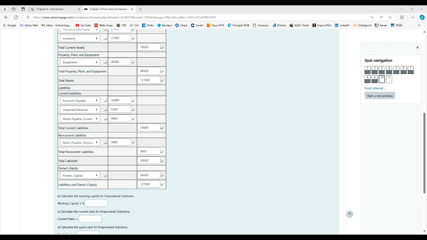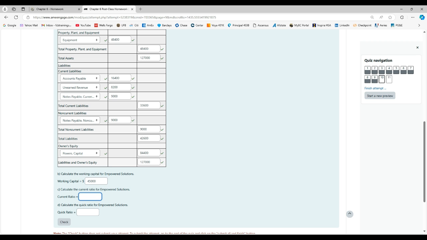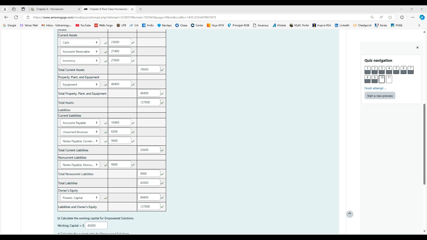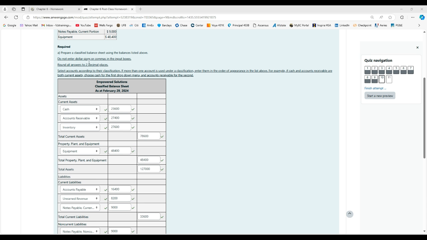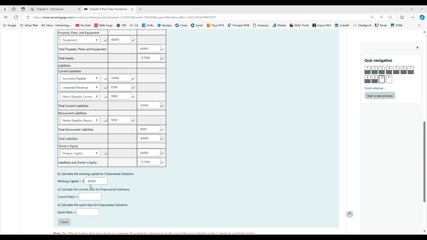So that's 78,600 minus 33,600, and I show 45,000. And then the current ratio is our current assets divided by our current liabilities. With 2 decimal places, I got 2.34.